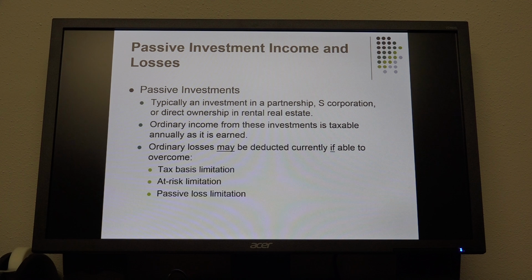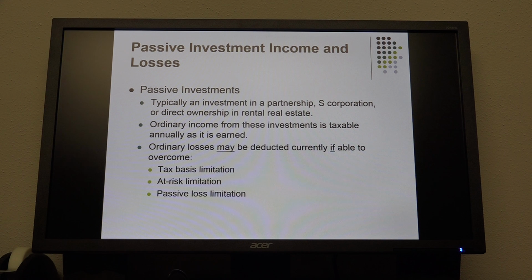If you have income from the passive investment, that is generally going to be taxable in the year it's earned.